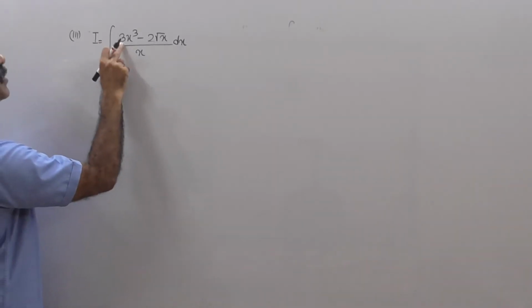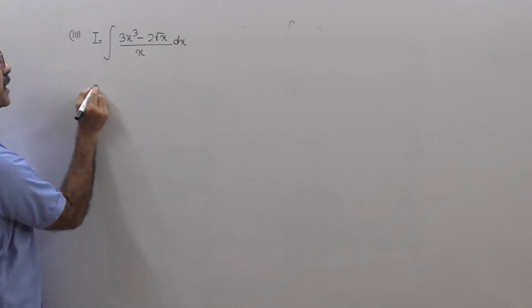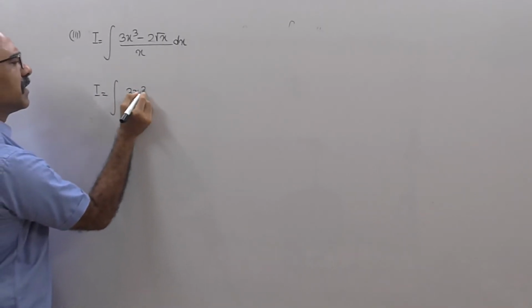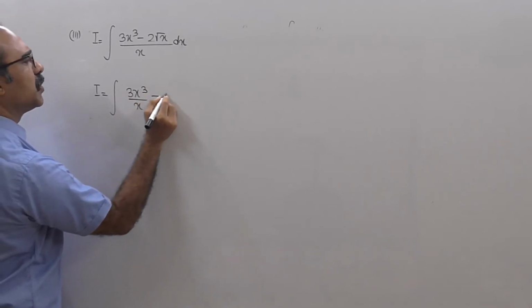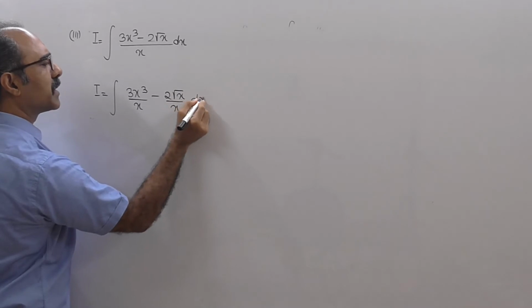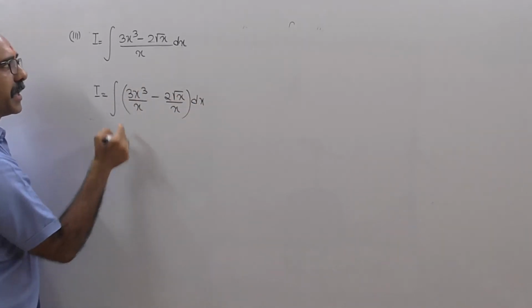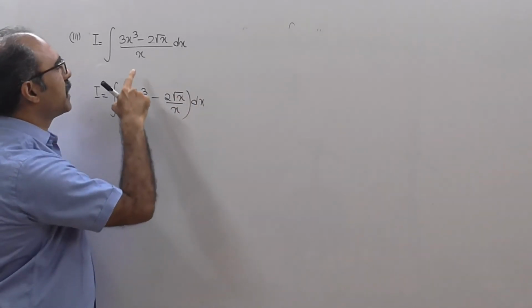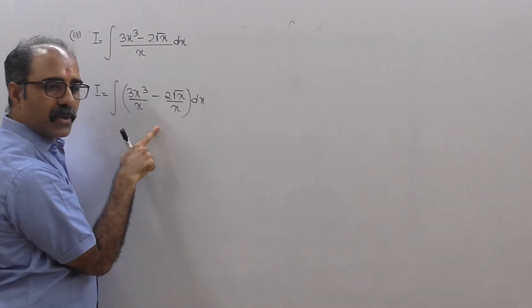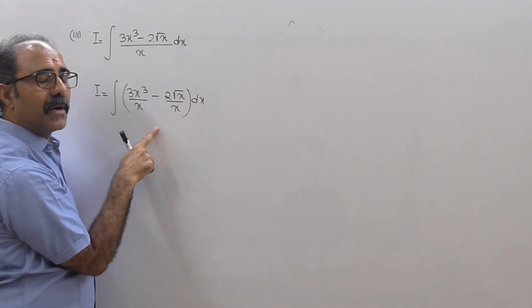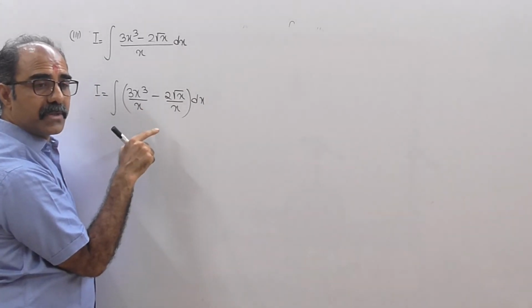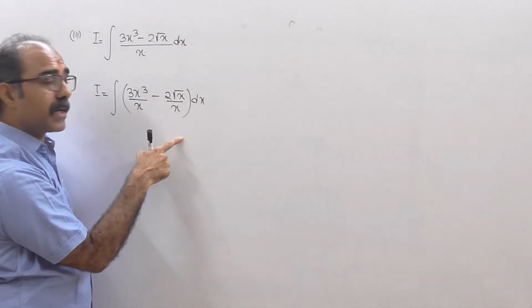Question number 3, I equal to integration of 3x cube minus 2 root x upon x. We can write this as 3x cube upon x minus 2 root x upon x, the whole dx. The reason to split this for the two terms of the numerator is that in integration we don't have a division rule. So our objective is to convert all divisions into either an addition or a subtraction.